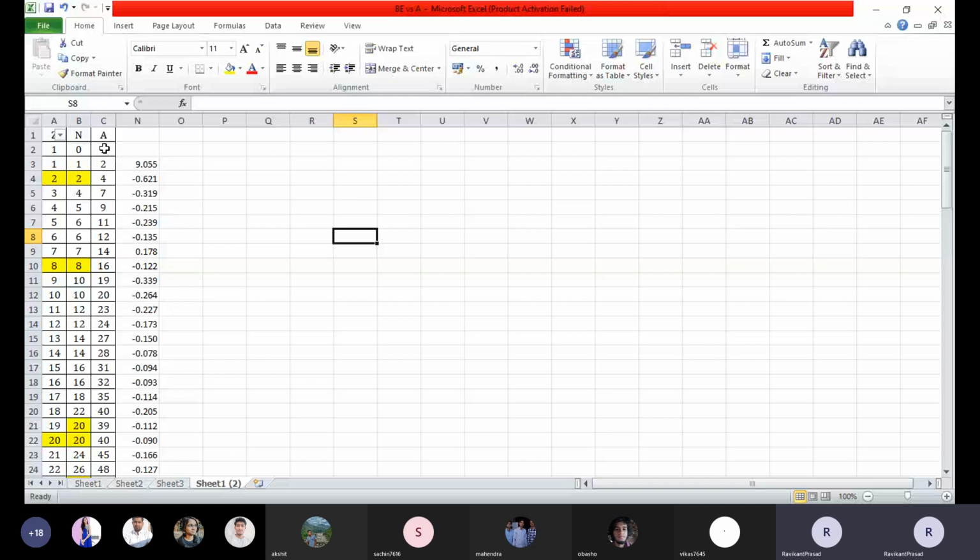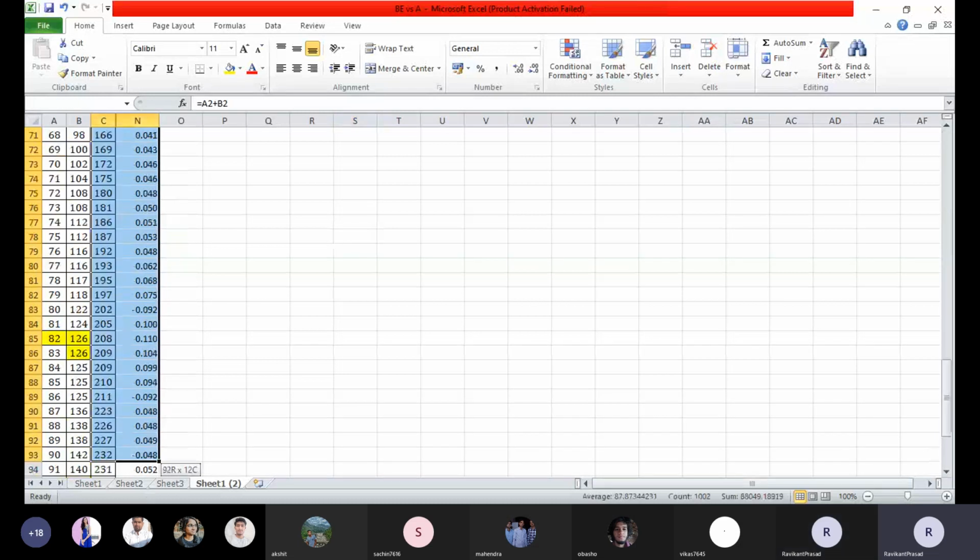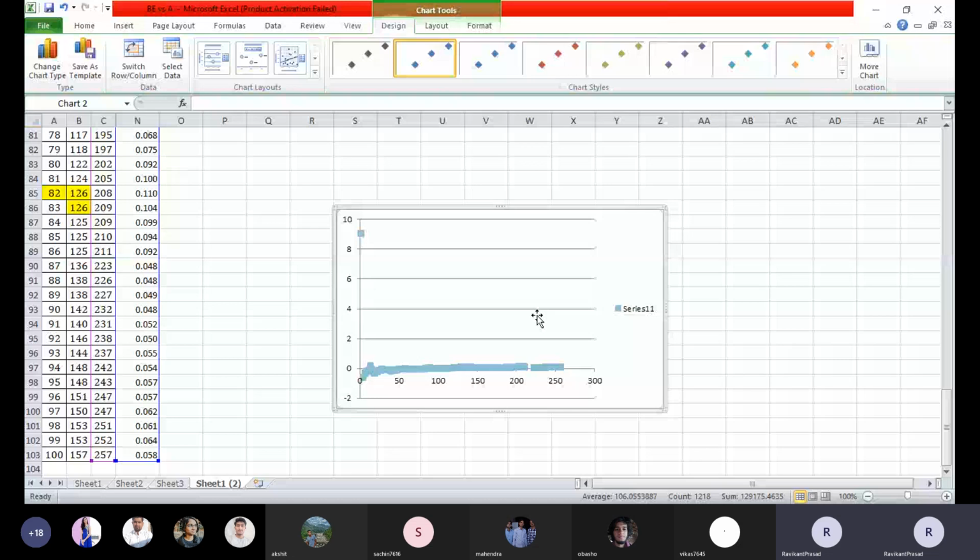So I will plot selection of this. Okay. So nothing is visible. है ना, यहाँ तो कुछ नजर ही नहीं आ रहा. But A के साथ हमारा difference plotted है.